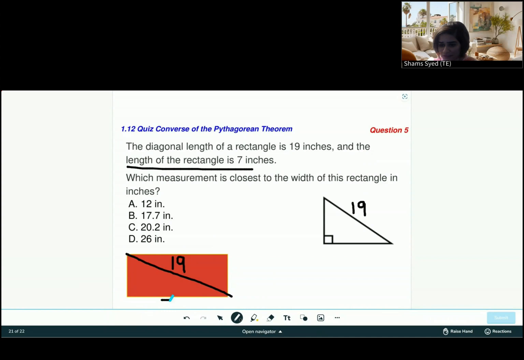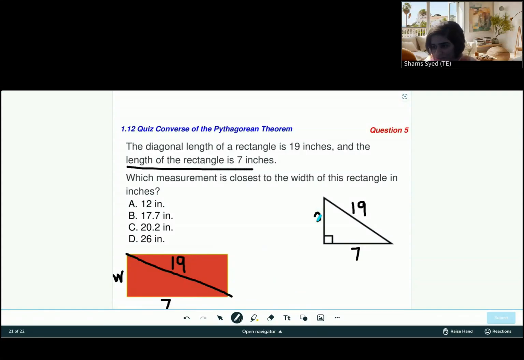This side of the rectangle is 7. This is what's given in the question: the diagonal length of a rectangle is 19 inches and the length of the rectangle is 7. So which measurement is closest to the width of this rectangle in inches?